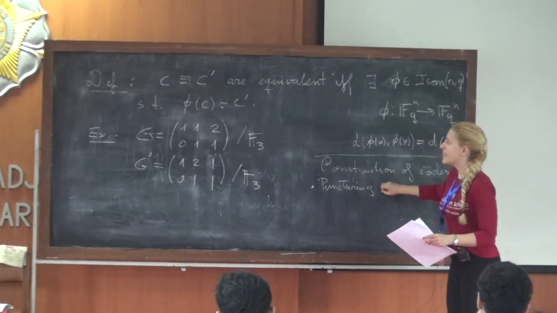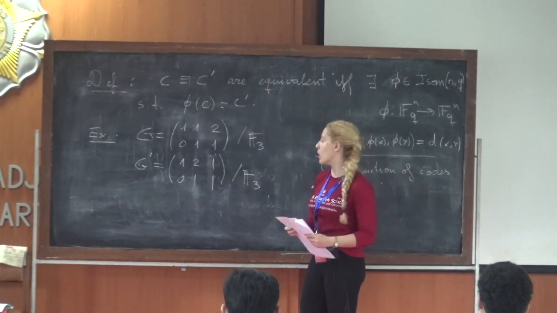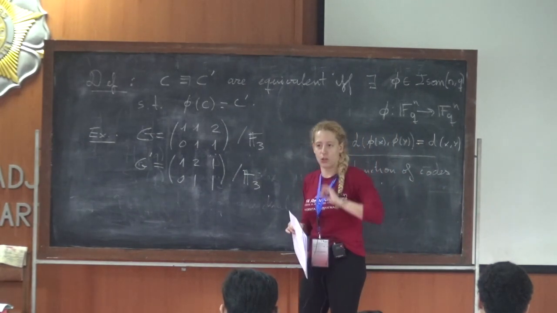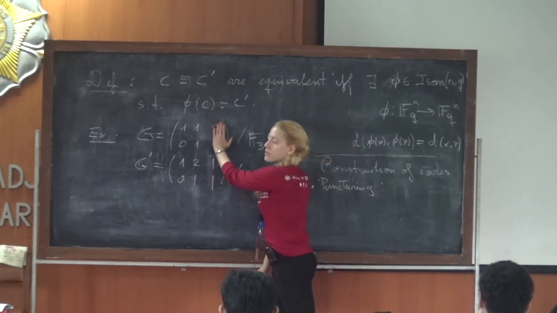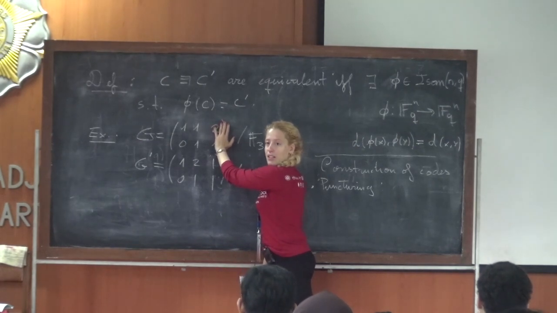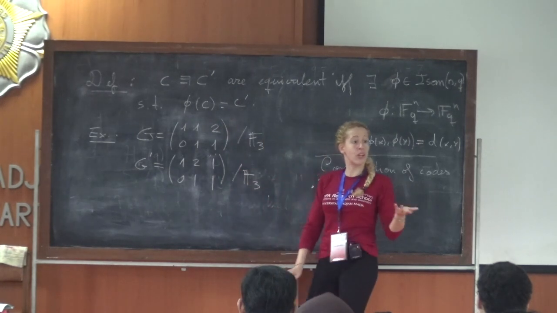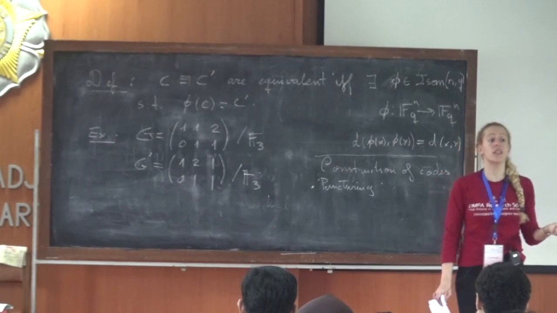You get a code like here, and for instance, I forget one of the coordinates, so I'm puncturing the code. Imagine that starting from this code, I forget this coordinate. I'm just working with the code generated by those vectors with fewer coordinates. This is a way of creating a new code starting from an already existing code.